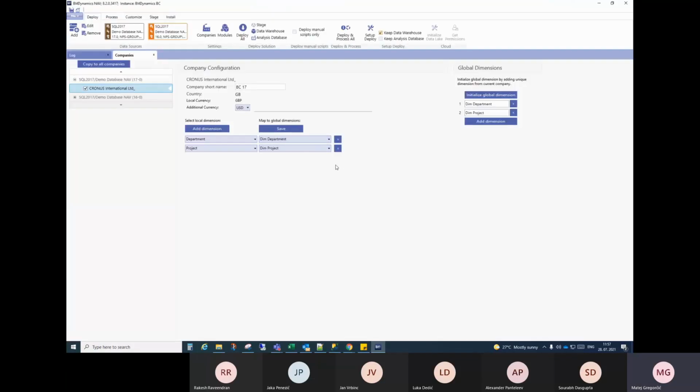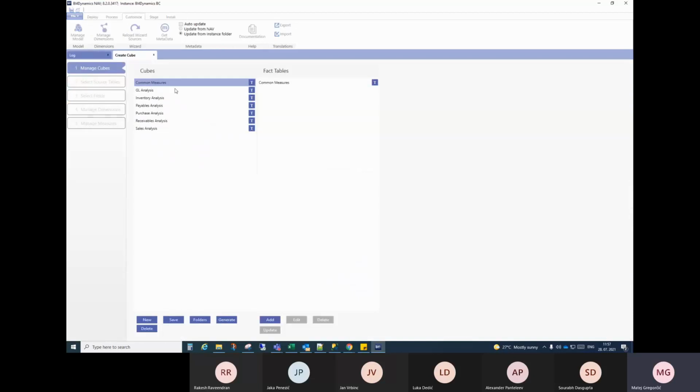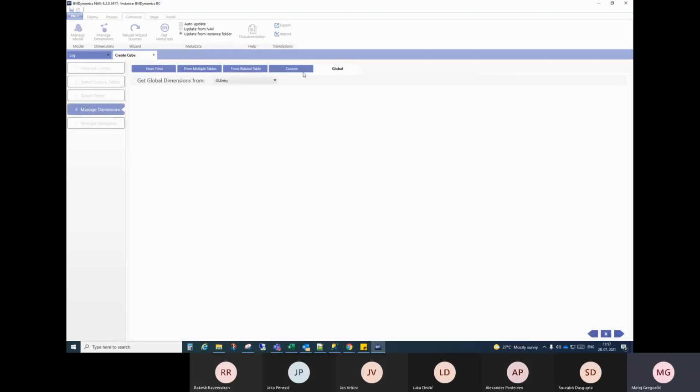Now you don't need to know the specifics and the background. Here in the customize section, you only need to know which table we want to use to get those global dimensions. So manage dimensions, global dimensions, we will get it from GL entry.